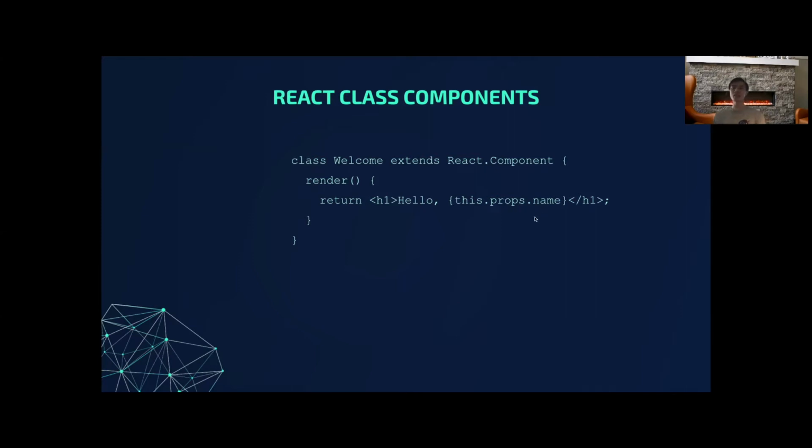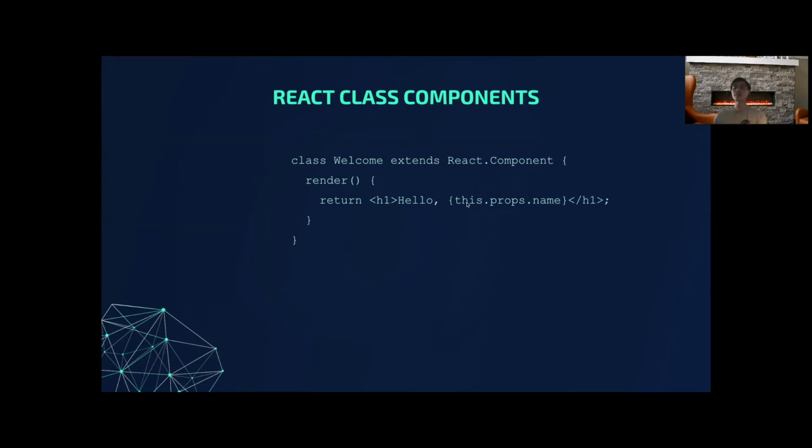And so that might seem pretty confusing, but essentially this is in reference to our class Welcome. So if you've taken object-oriented programming, you're trying to reference the props that are essentially being inherited from the React.Component class.